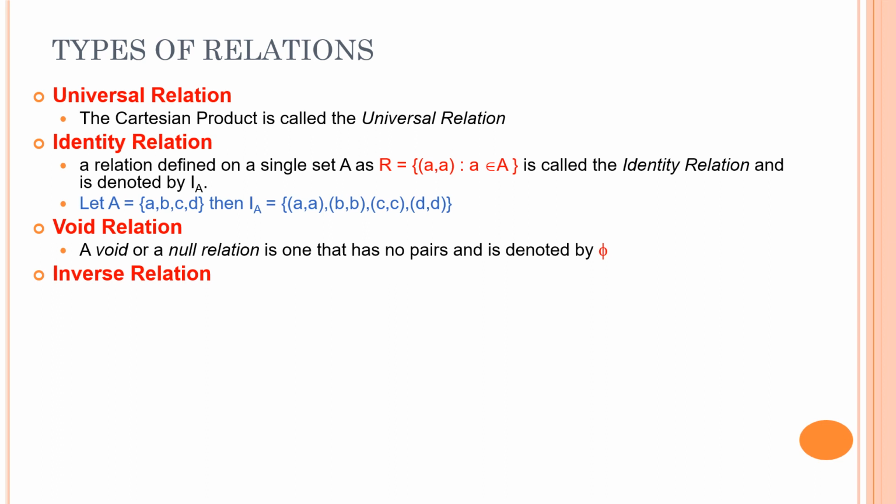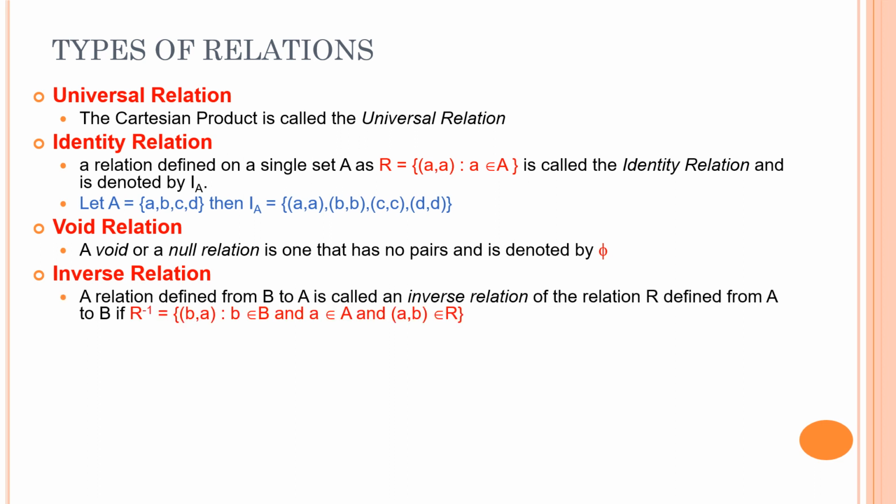Then we have the inverse relation. If I have defined a relation R from A to B, then the relation R inverse will be defined from B to A. And it is going to have the same pairs but with the first and second elements interchanged.